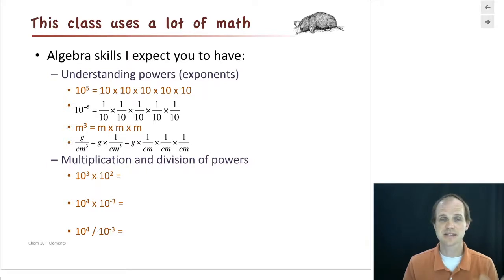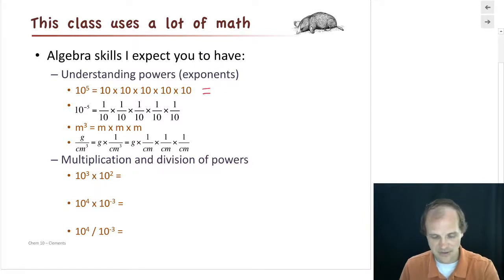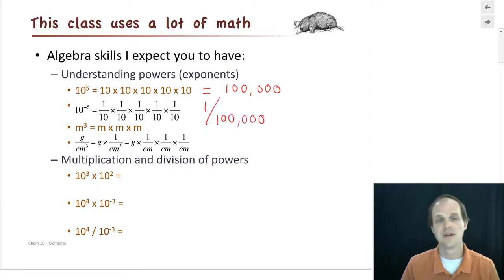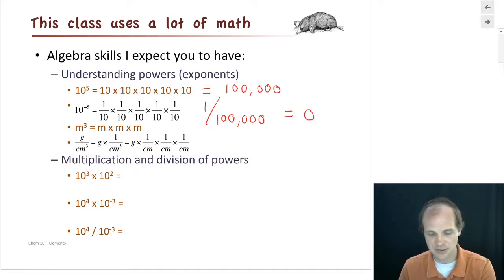It just means that instead of 10 times 10 times 10, we're having 1 over 10. So 10 to the minus 5th is 1 over 10 times 1 over 10, 5 times. And so this one is about 100,000. And this one is 1/100,000th. A very, very small number, 0.00001 if you did that as a decimal.